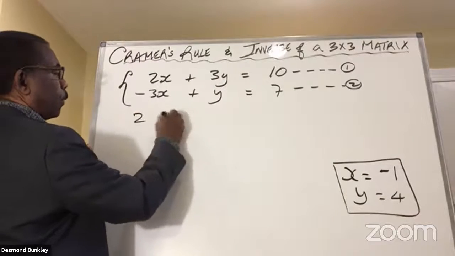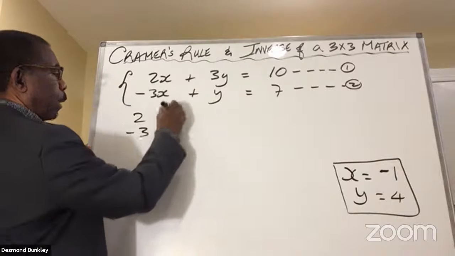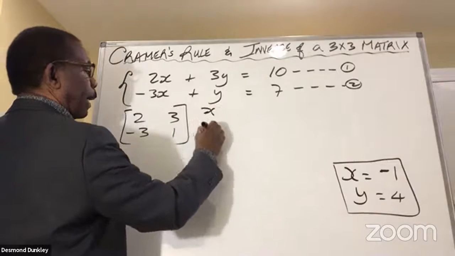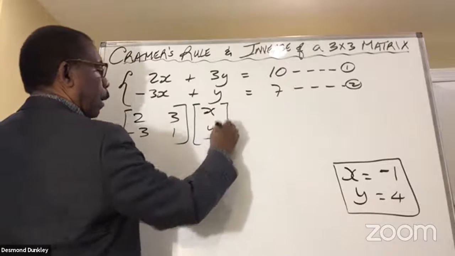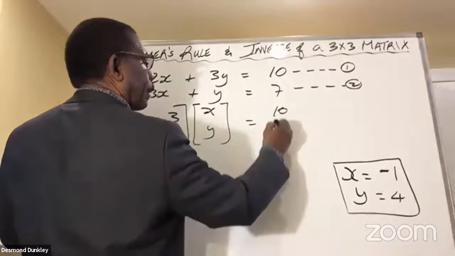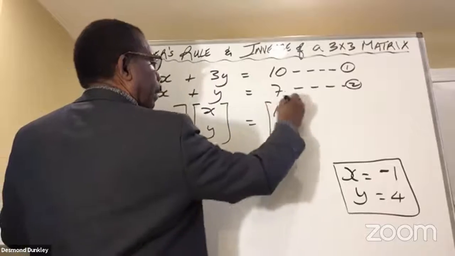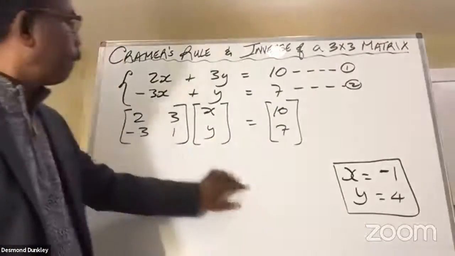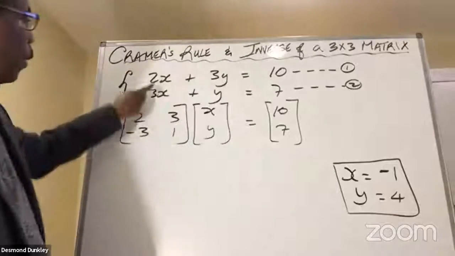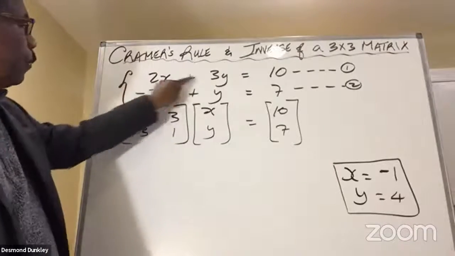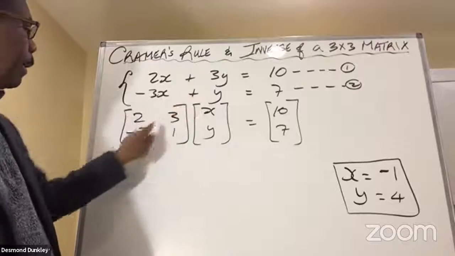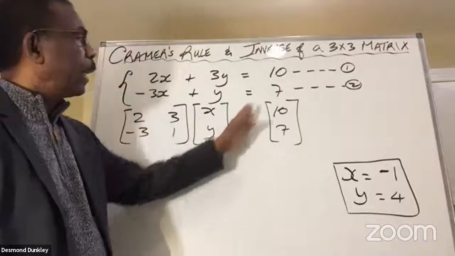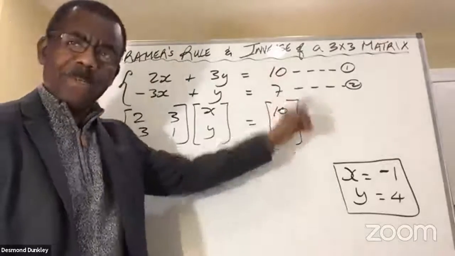This is 2, 3, negative 3, 1 times x, y equals 10, 7. So that is the matrix equation for this system right here. We have the matrix of coefficients 2, 3, negative 3, 1. That's the matrix of coefficients. This is the matrix of variables, and this is the matrix of constants, okay?